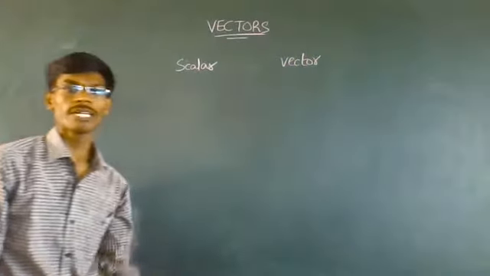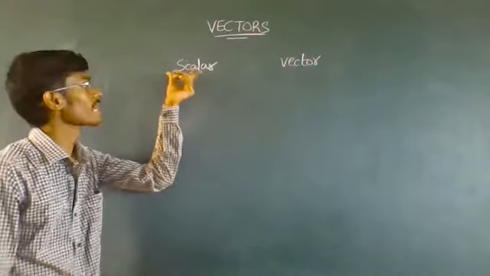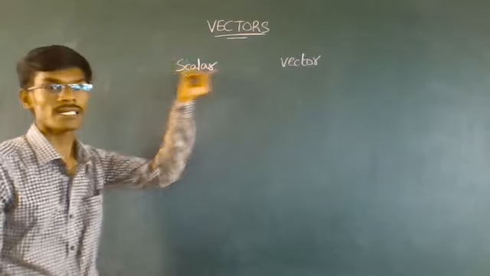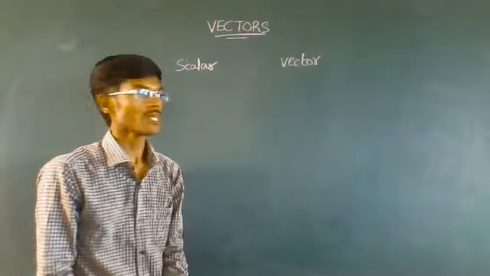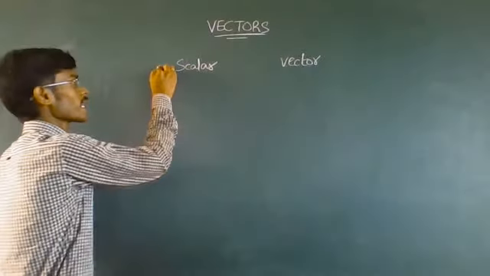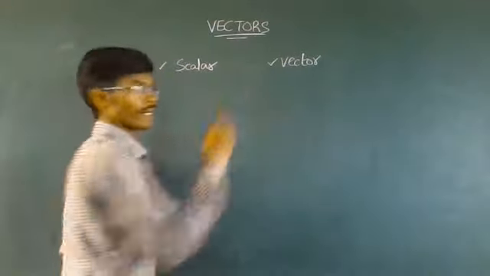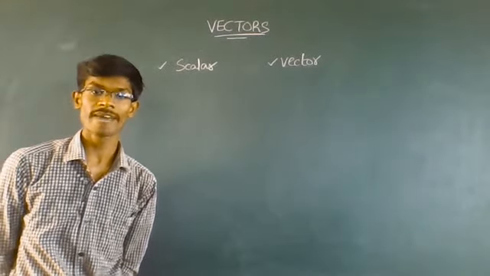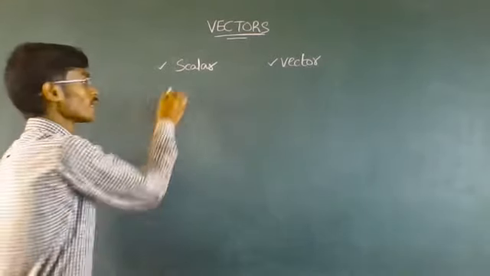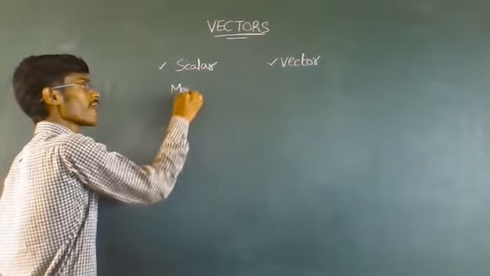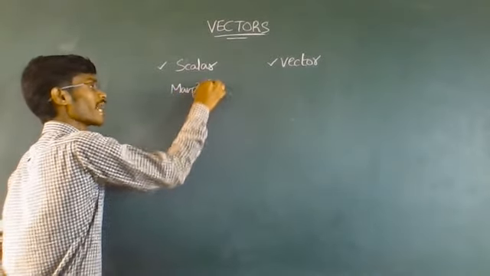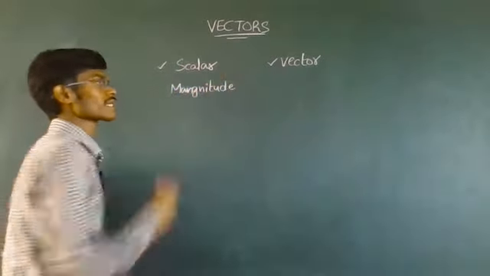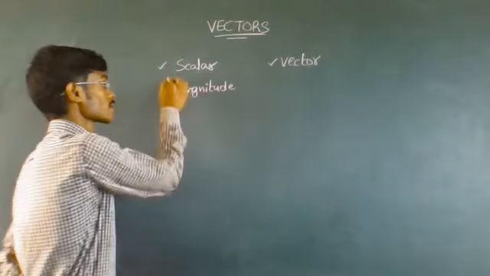So the physical quantities have been classified into scalars and vectors. What is a scalar, what is a vector? Scalar represents the physical quantity which has only magnitude. The physical quantities which have only magnitude are known as scalar physical quantities.